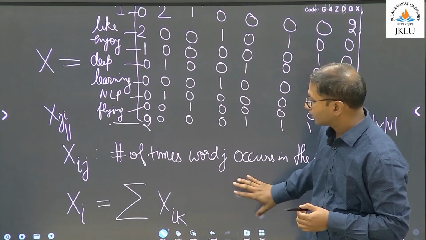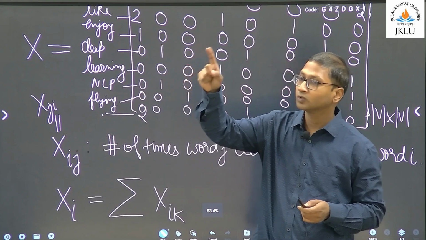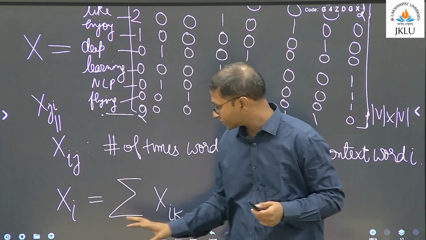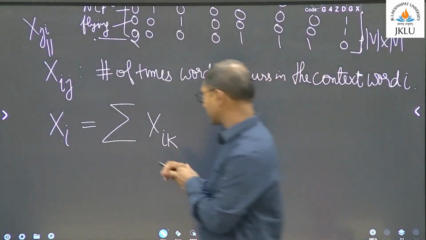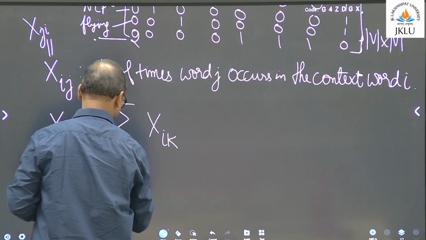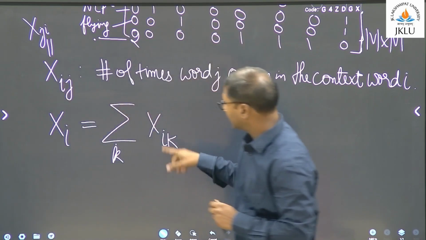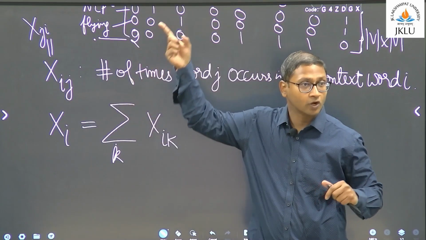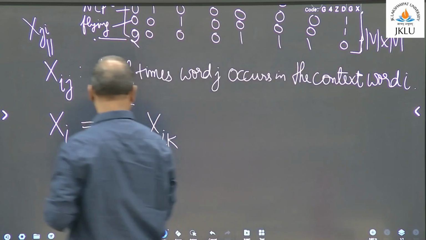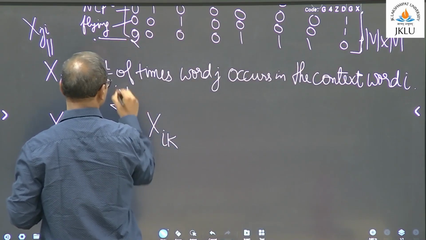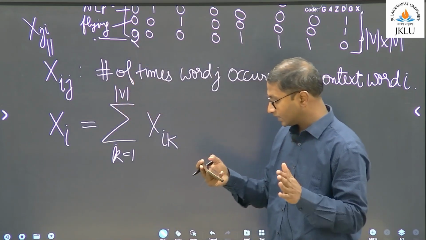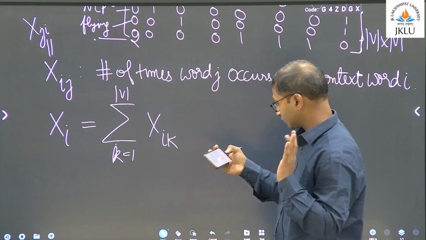It is the sum of rows, right? Since column is your variable, you are summing over k, and k goes from 1 to mod v. So let Xi be the number of times any word appears in the context of word i.